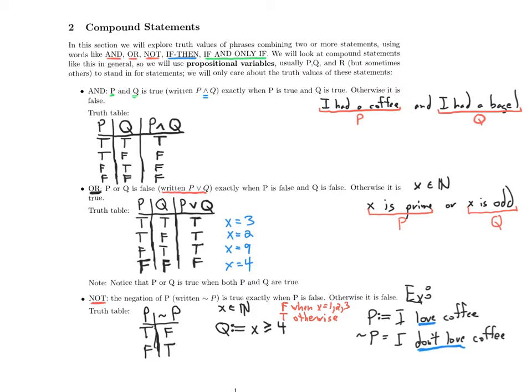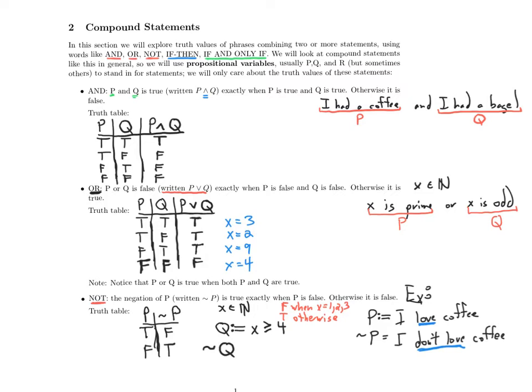What I want you to do is pause the video now and see if you can write the expression for the negation of Q. Remember, we wanted to have the opposite truth values. So it needs to be true when the original statement is false, and false when the original statement is true.